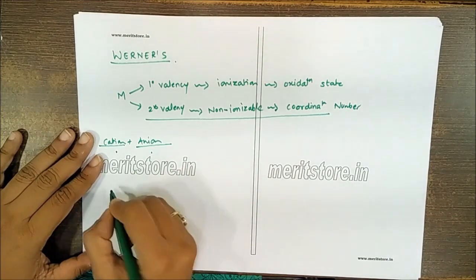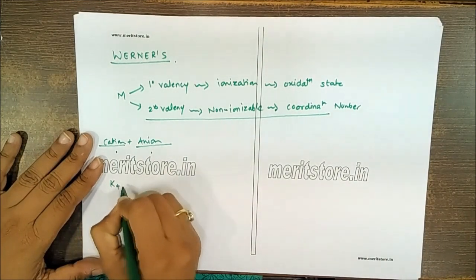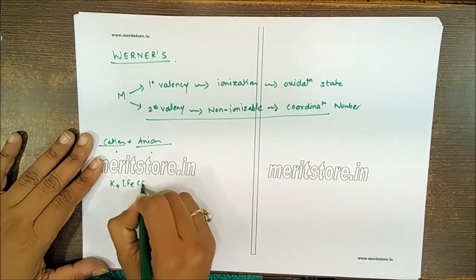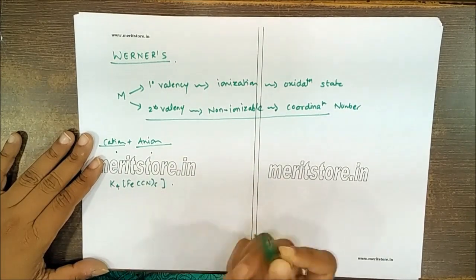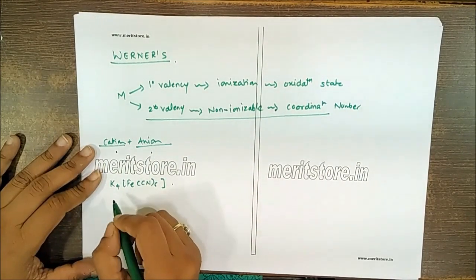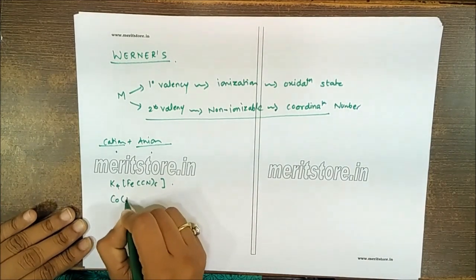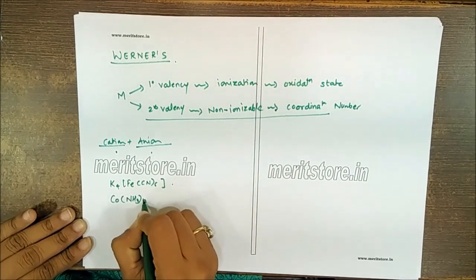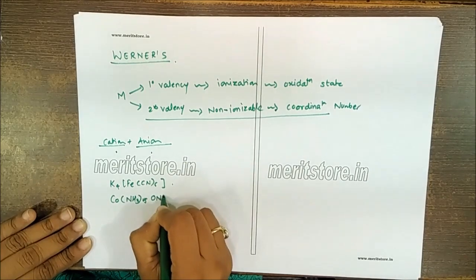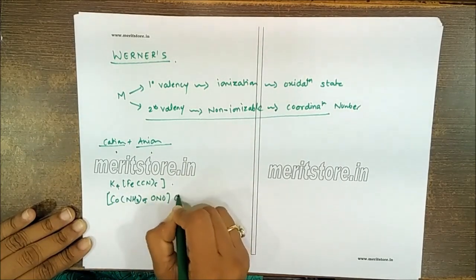For example, if I have a complex, let's say K4[Fe(CN)6] and another complex, let's say [Co(NH3)5(ONO)]Cl2.